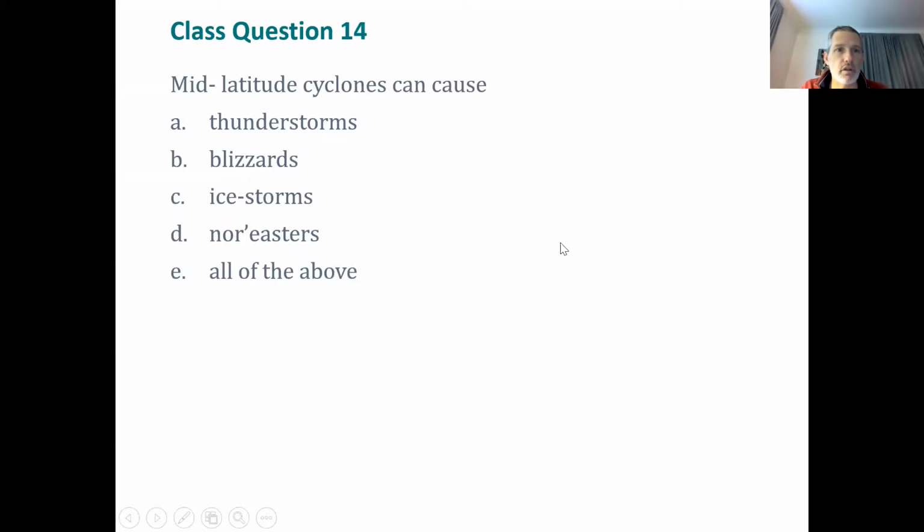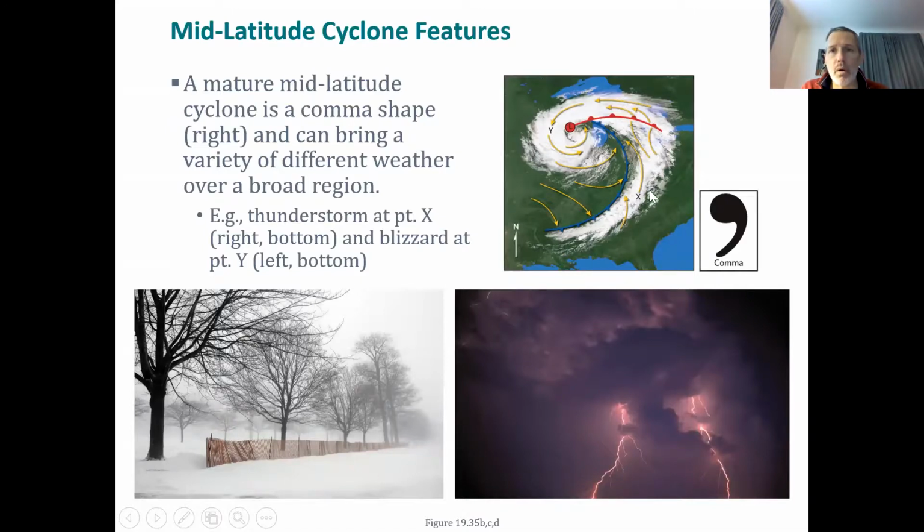So mid-latitude cyclones can cause thunderstorms, yes. Blizzards, yes. Ice storms, yeah, it's again, air rising up. The term nor'easter, we don't really deal with too much here in Missouri, but off the coast of the eastern seaboard, we end up with air moving, these winds here, very violent portion of the storm from the northeast coming down, particularly these heavy rain or heavy snows coming down.